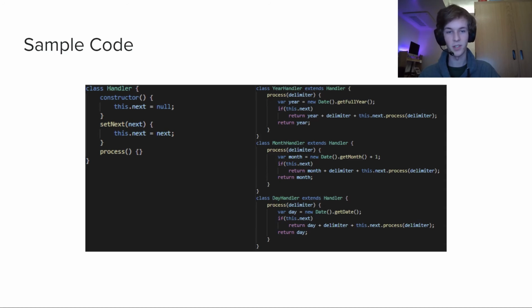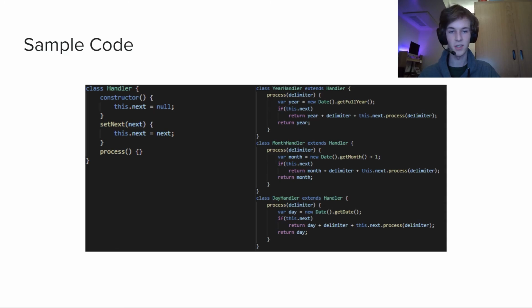As described earlier, we start by making an abstract handler class, which is kept brief here. This handler class contains a next pointer and a setter function, which allows us to set this pointer. Finally, it contains a process function, which our specific handlers will overwrite with their own versions based on how they process the request. We then extend the handler class to make 3 new classes: year handler, month handler, and day handler.